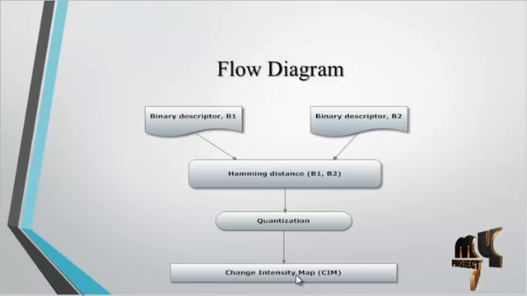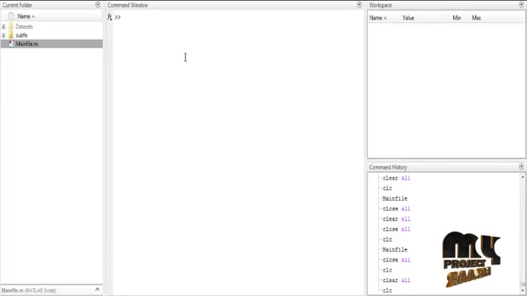CIM is abbreviated as change intensity map. In the change intensity map, we classify the areas that differ from one image to another. After the change detection, the estimation parameters, such as the accuracy of the process and the correlation between the two images, are calculated.